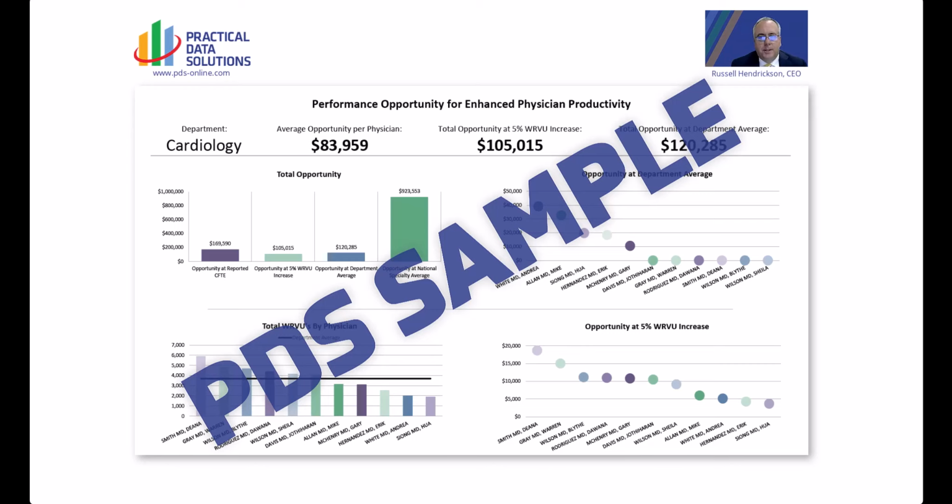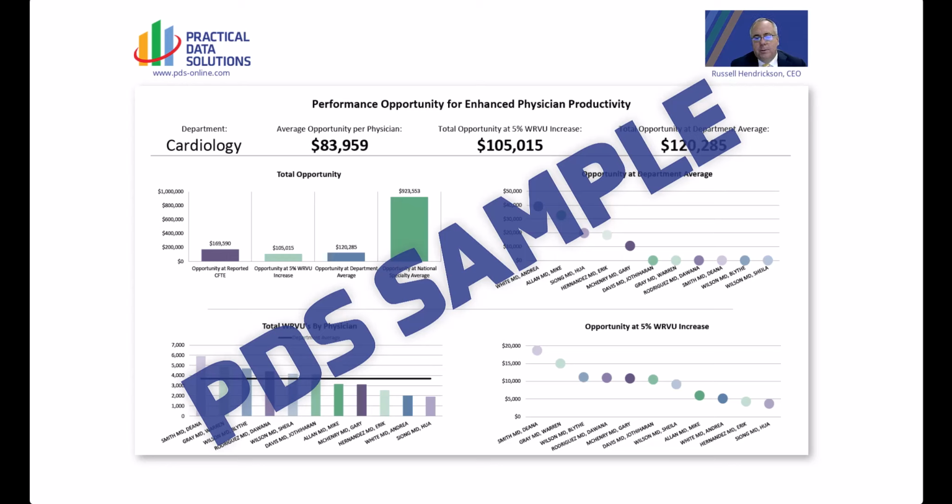This month's dashboard is the PDS RVU Performance Opportunity Dashboard, where we measure and try to enhance physician productivity. There's a key rule at play when we're measuring performance opportunity, where we're projecting what if we can improve the performance.